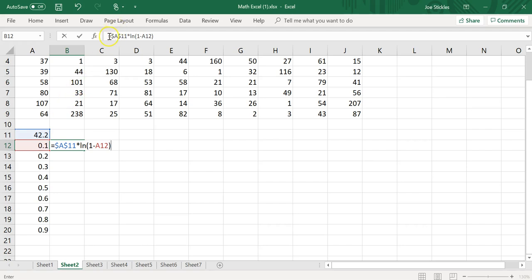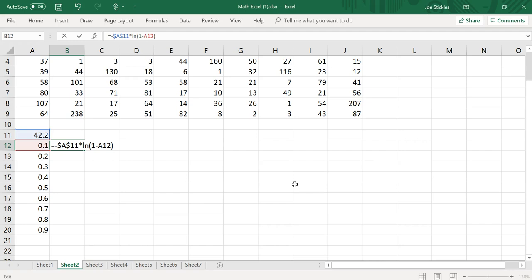Sorry, I need a negative out in front. The A11 again here is our theta, right? That's the estimate for theta that we're using. It was the mean, right? So I'm just using this formula here. So I've got negative times the theta, and then the natural log of 1 minus the p, and I just have my probabilities going from 0.1 to 0.9.